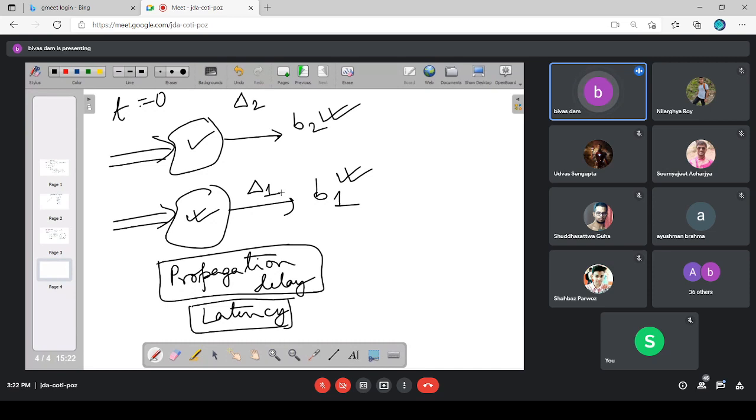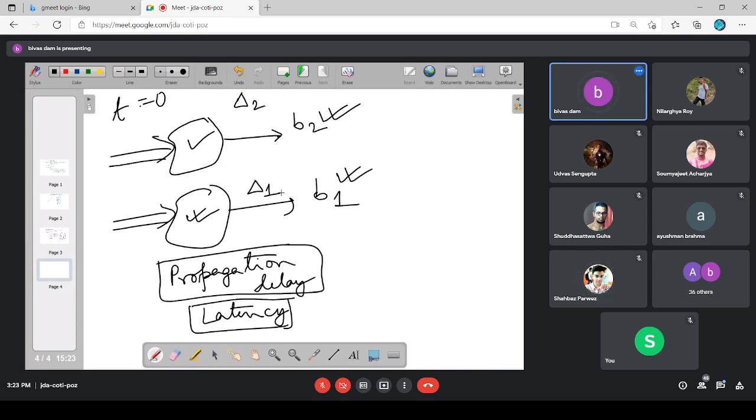So delta 1 and delta 2 are the propagation delays, or latency periods, or response times. If delta 2 is more than delta 1, B2 will be available in steady form at a later time than B1. So B1 will respond first, and then B2. Are you getting this point?